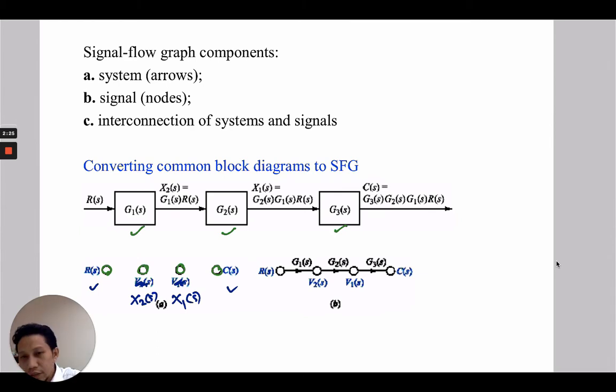For example, R(s) and X2 are connected to each other using a G1 system, so that's why we have G1 here. Let's see the arrow here. Because it is towards X2, the arrow is to the right. And then we have a subsystem, system G2, and finally we have system G3 over here.